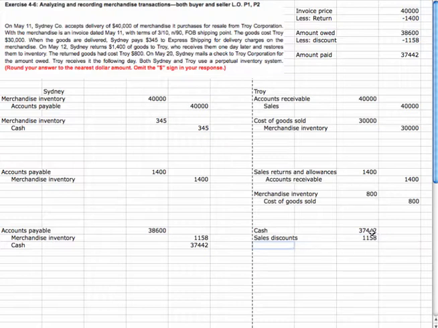And then we're going to recognize that they no longer owe us any money. So we're going to credit accounts receivable for the amount that they owe us, which is the $38,600. So those would be the journal entries you have to make for this transaction for both the buyer and the seller. All right, let's go on to the next problem.